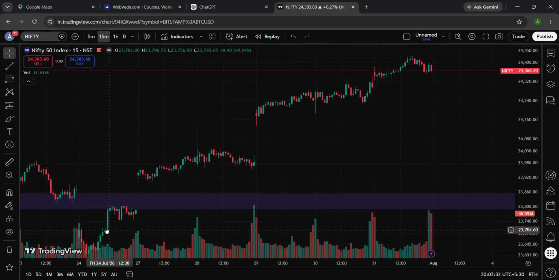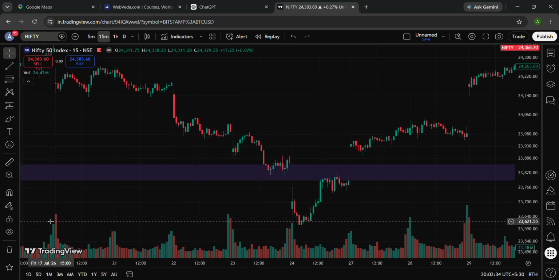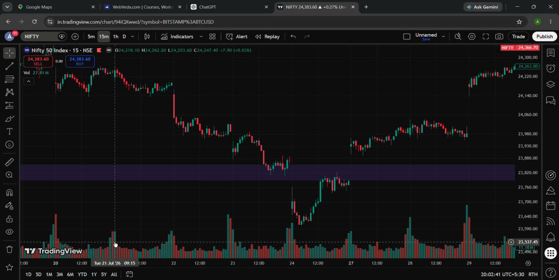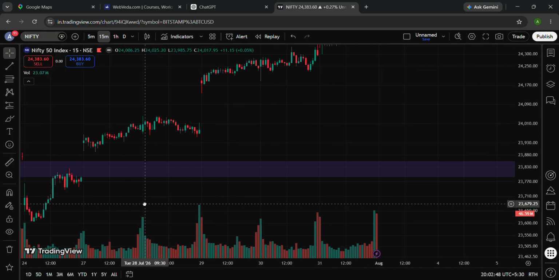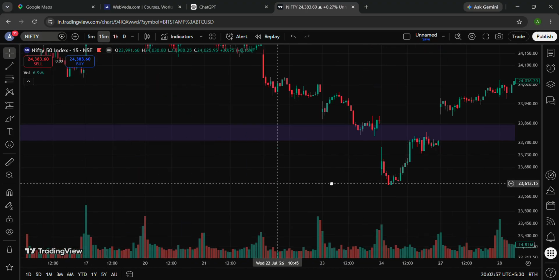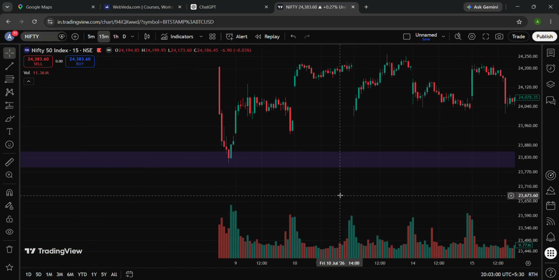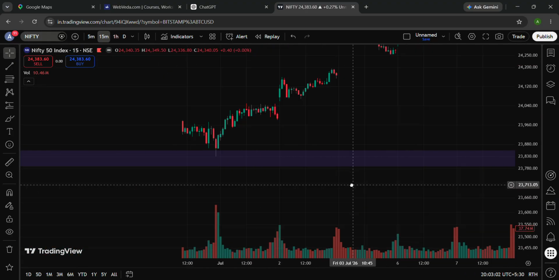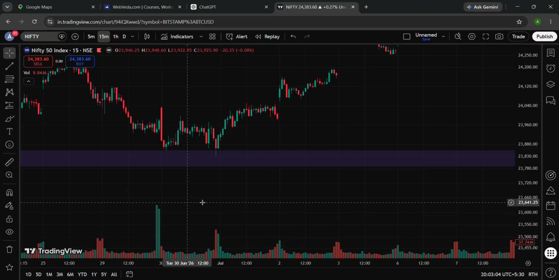As you can see on my screen, this is the position when the market will be closed, and again this is where the market will be open. Closed, open, closed, open, closed, open. You will see that at exactly the same time frame, exactly the same positions, the market's volume is respectively higher than the middle-sized volume.